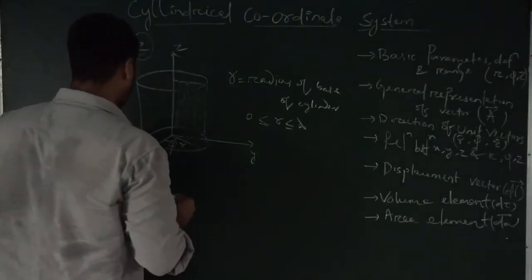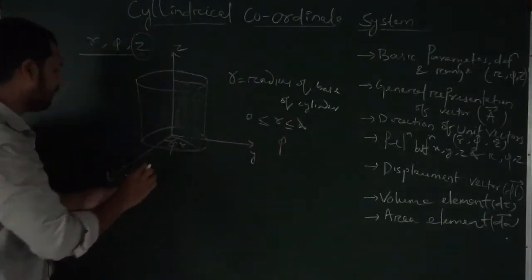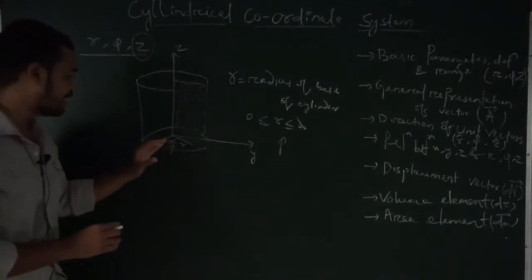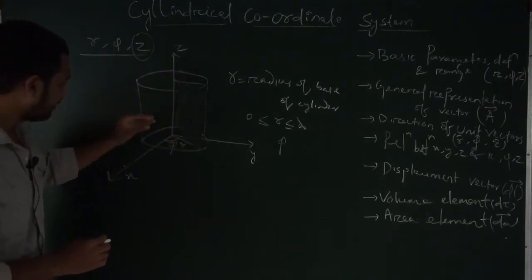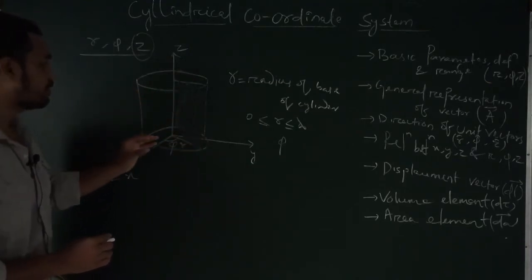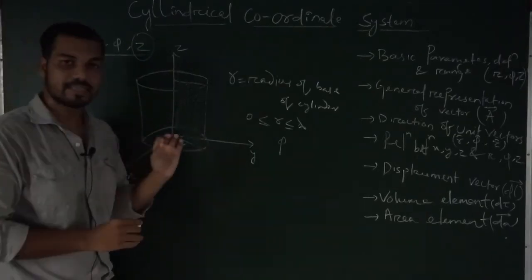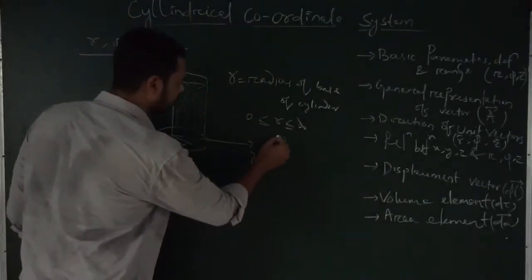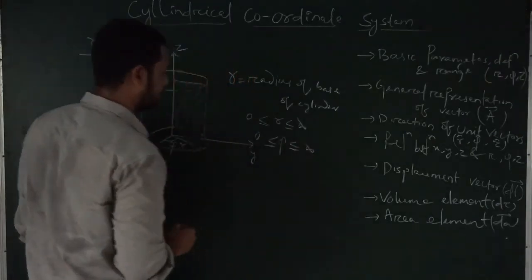Then we will go for the range of phi. This plane makes an angle with the x-axis, denoted as phi. The maximum angle of a plane with a line will be 360 degrees, that is nothing but 2 pi. So starting from 0, the range of phi will be 0 to 2 pi.